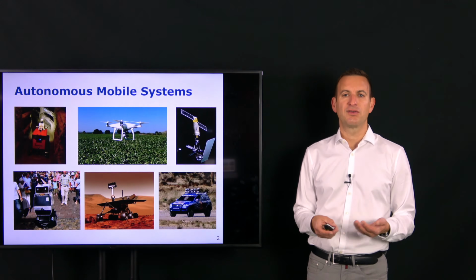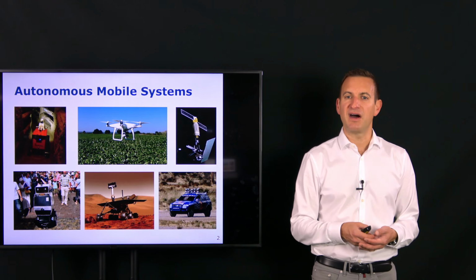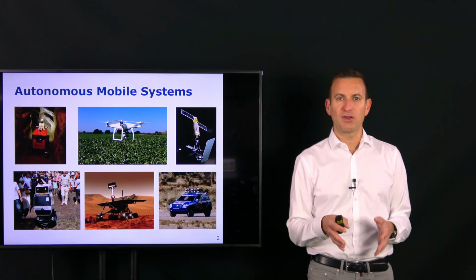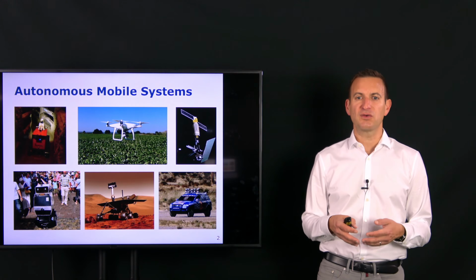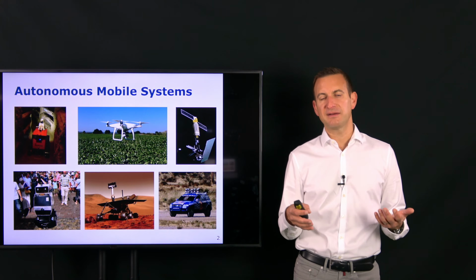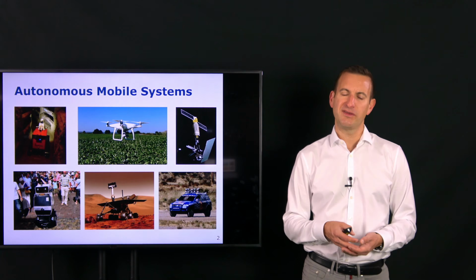When I talk about autonomous mobile systems or robots, we can mean devices like those over here. This can be autonomous, small-scale vehicles equipped with sensors that move through the environment. This can be UAVs flying around observing objects, observing the Earth.